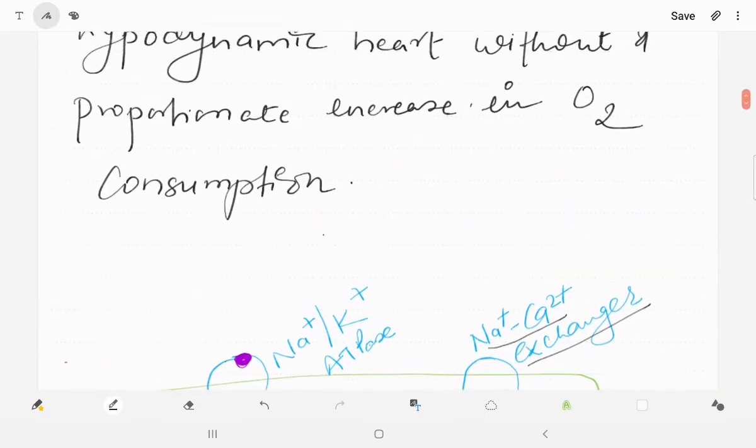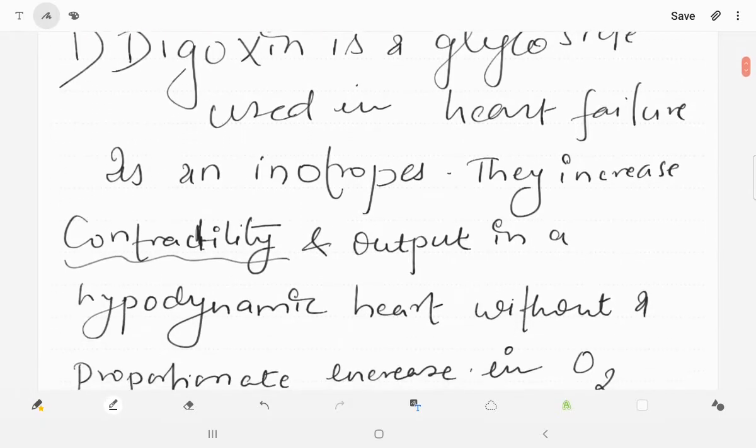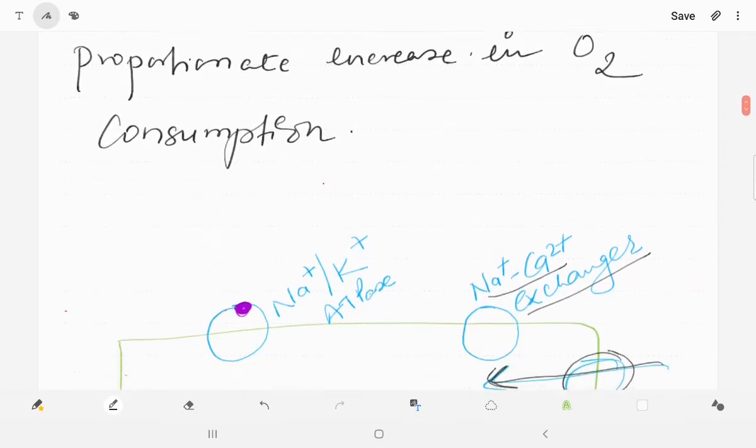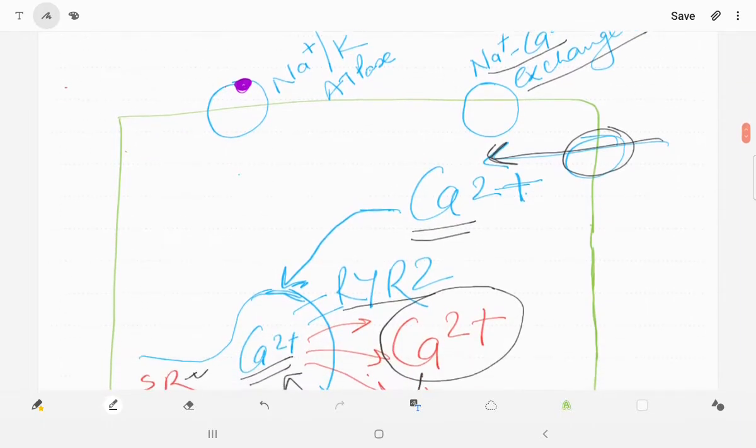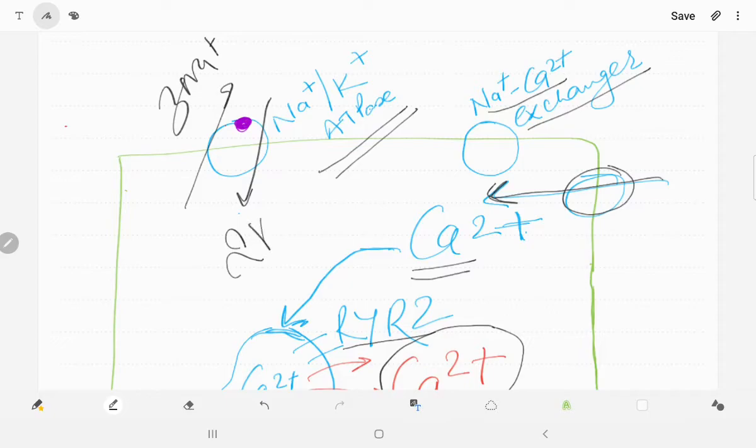But our drug of interest today is digoxin, and it is used as an inotrope, meaning that it increases contractility of the heart. So let us see how it works. So we know that cells have a sodium potassium pump that is responsible to pump 3 sodium outside and 2 potassium inside.